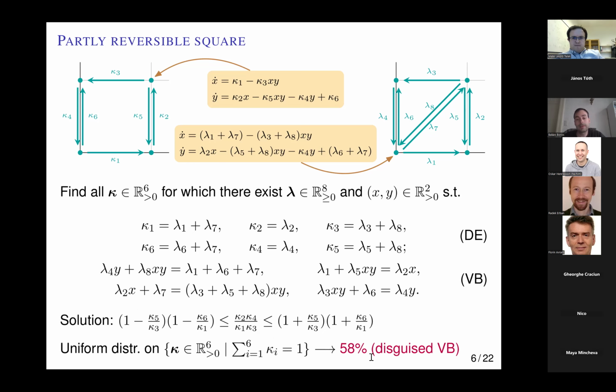And so we say that for this part of parameter space, the original network is disguised vertex balanced. That means we can conclude all kinds of nice properties. Horn-Jackson function is a global Lyapunov function.